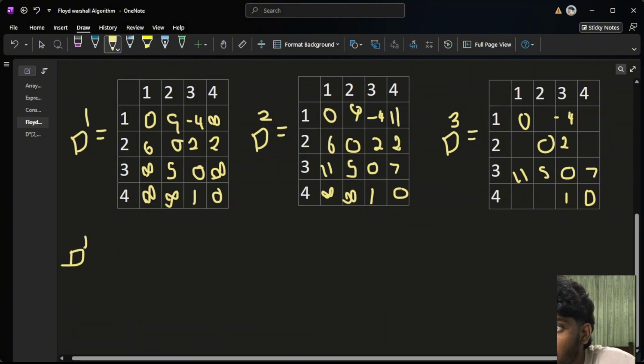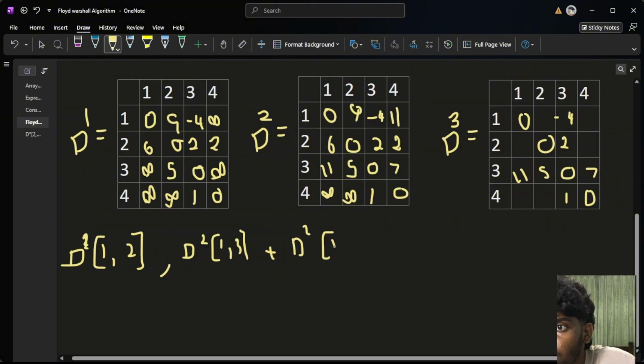So from D2, the first one would be 1 to 2, from D2, plus 1 to 3, plus D2, 3 to 2.